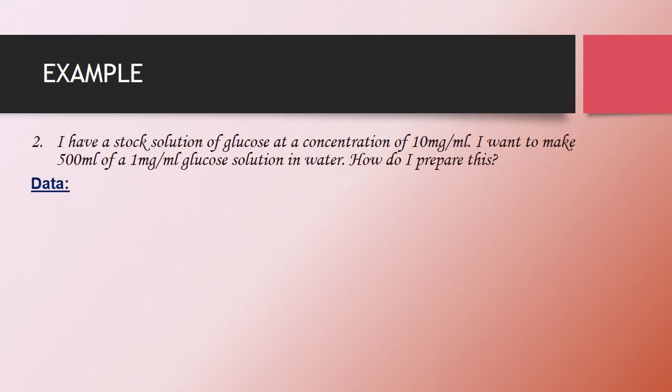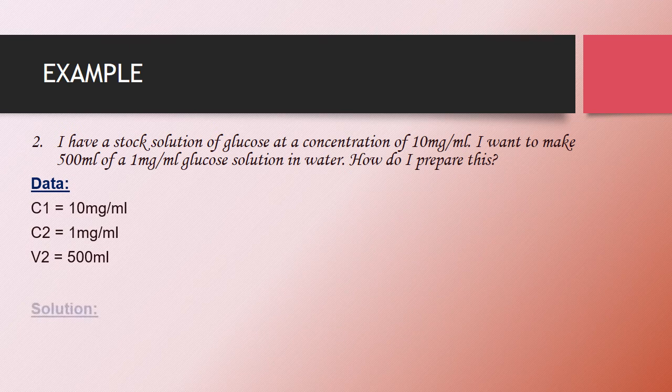Concentration of stock solution is 10 mg per ml. Concentration of final solution is 1 mg per ml. And volume of final solution is 500 ml. We have to find the volume of a stock solution, V1, by the equation C1V1 equals C2V2, because three variables are already given out of four.